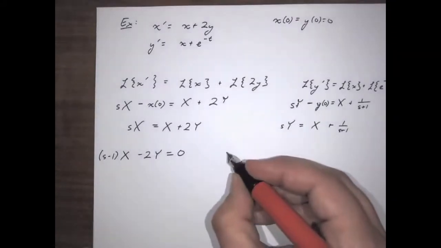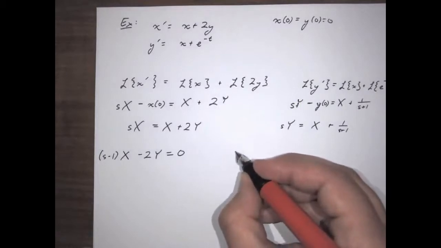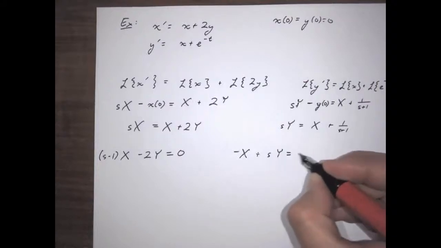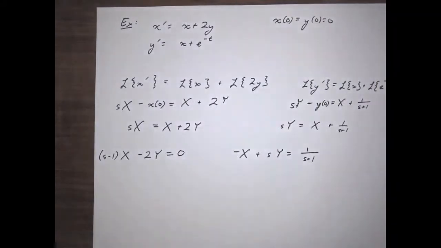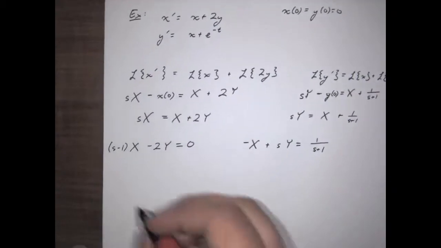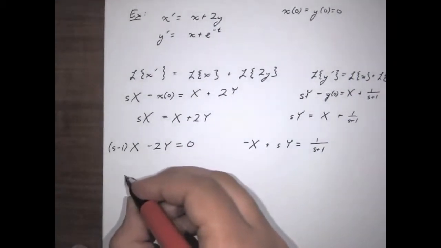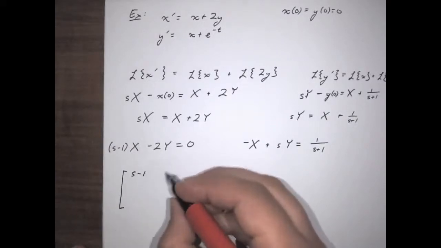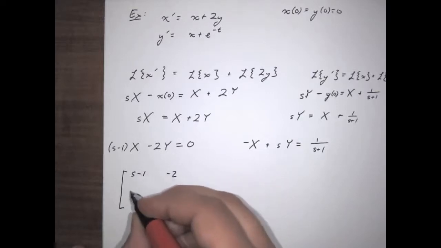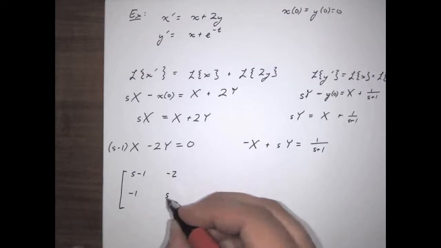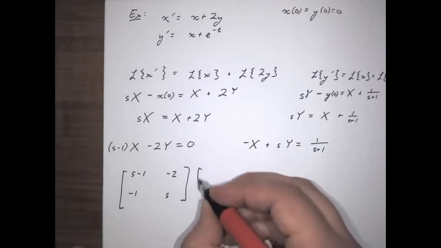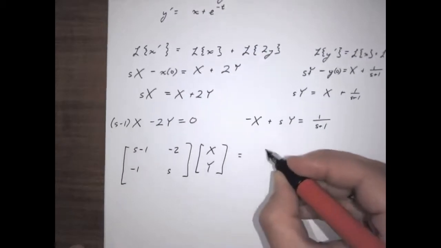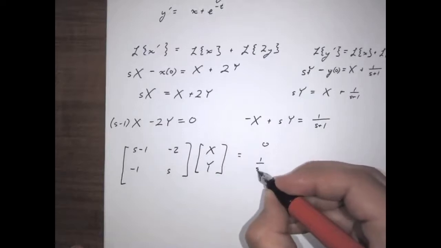And then on the other hand over here, what we could have is negative X plus sY is equal to 1 over s plus 1. And so what we could then do is treat this system as the matrix s minus 1, negative 2, and then negative 1, and then s, times capital X, capital Y is equal to 0 and 1 over s plus 1.